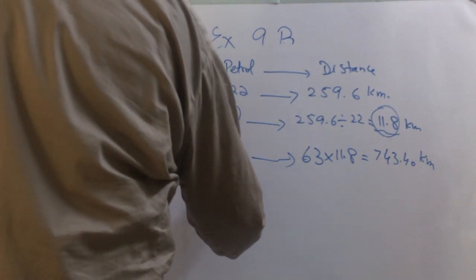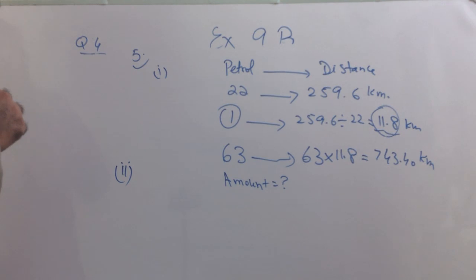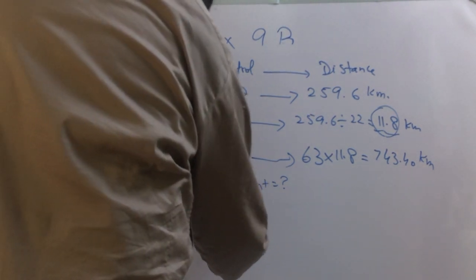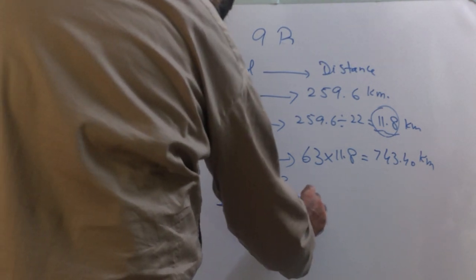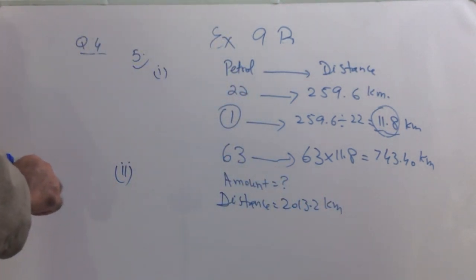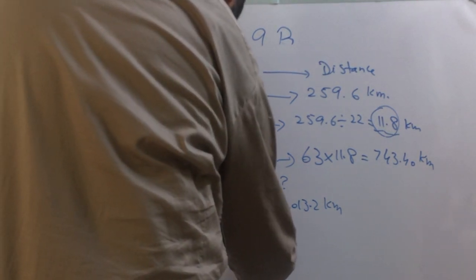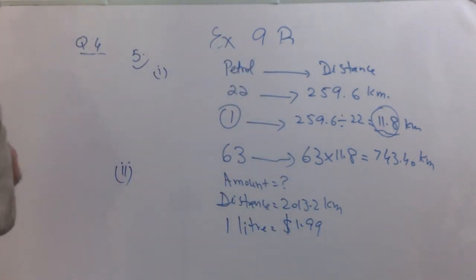So now we need to find the amount to travel a distance of 2013.2 kilometers, if a liter of petrol costs $1.99. 1 liter is $1.99.